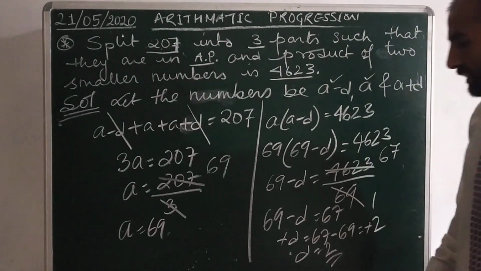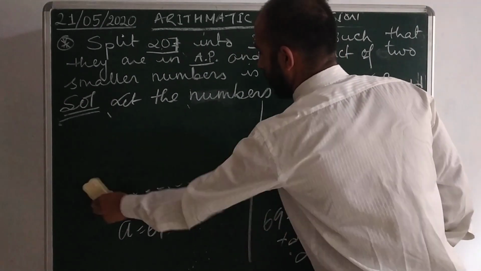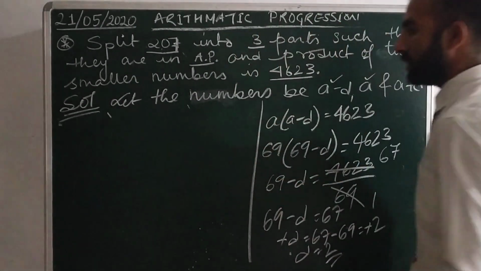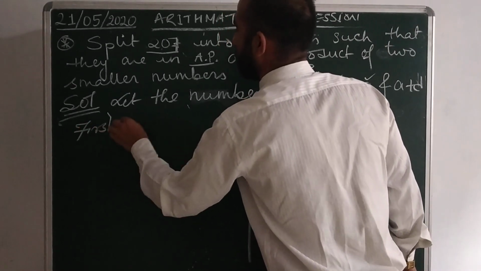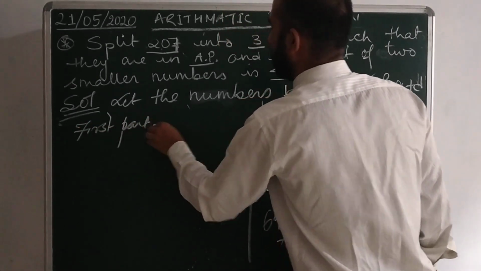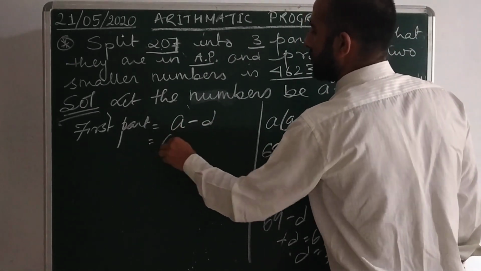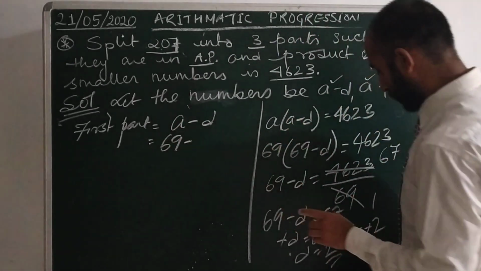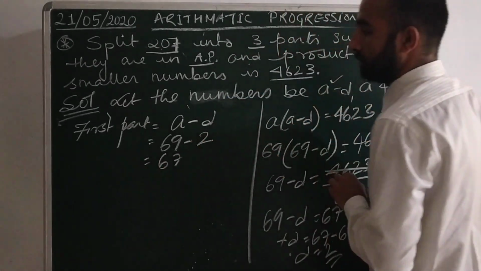So let's find out the three parts. Okay, we got A also, we got D also. So the first part will be, we have taken A minus D, that is A is 69 minus 2, that is 67.